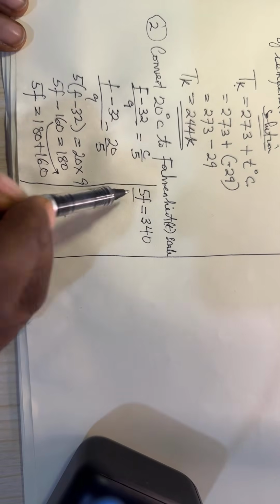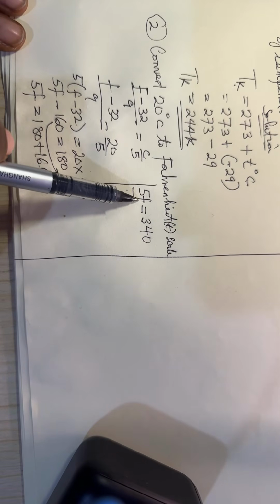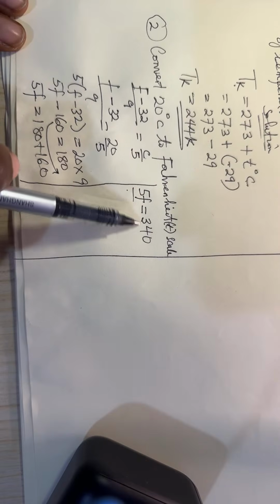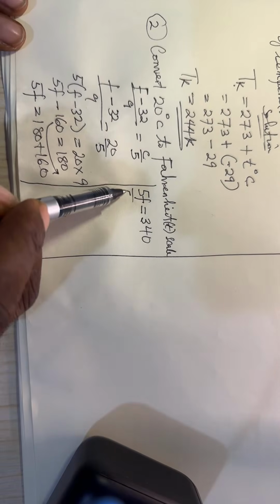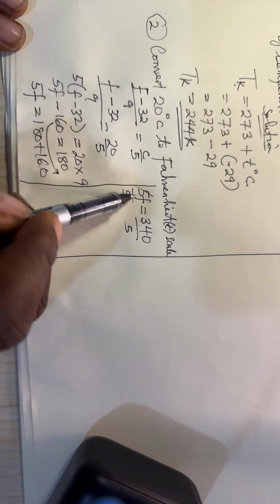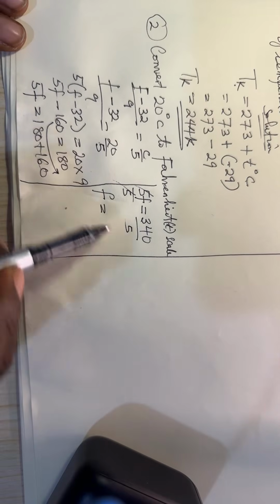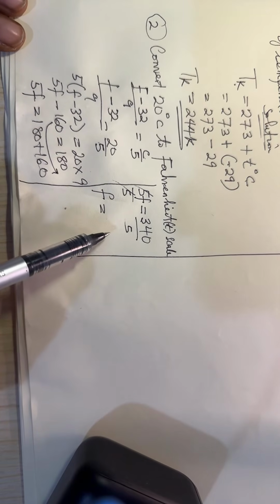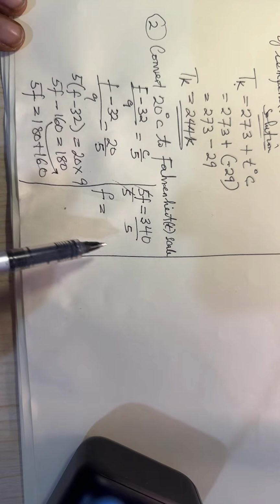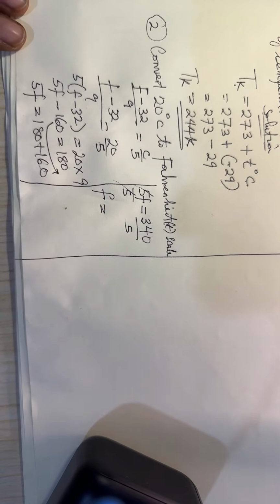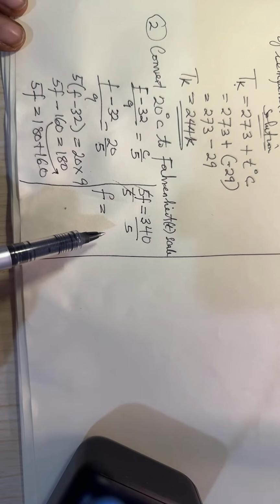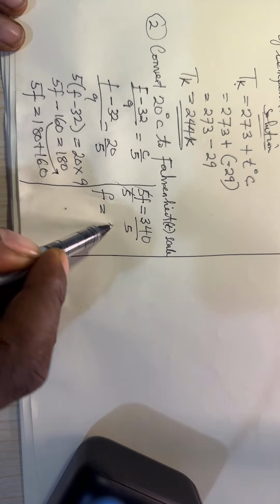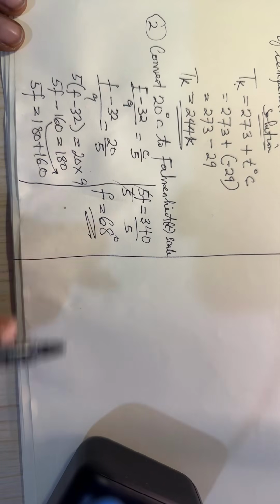Ask yourself, what number is it that if 5 multiplies by that number, it gives you 340? That's the smart way to get the answer. But if that would be difficult for you, divide both sides by 5. This cancels out. F now will be equal to, what is 340 divided by 5, class? 68. 68 degrees is the final answer.